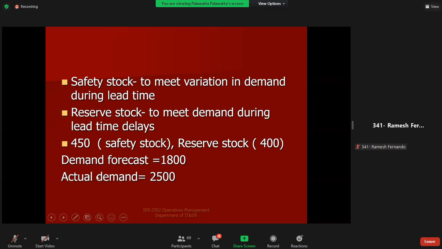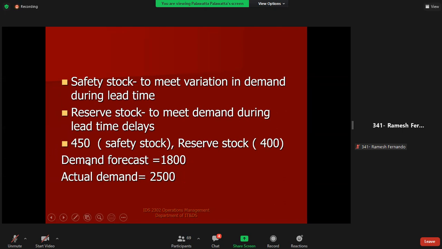So here, if actual demand is 2,500, then forecast is 1,800. Imagine this forecast is produced, and then you have additional demand of 700.